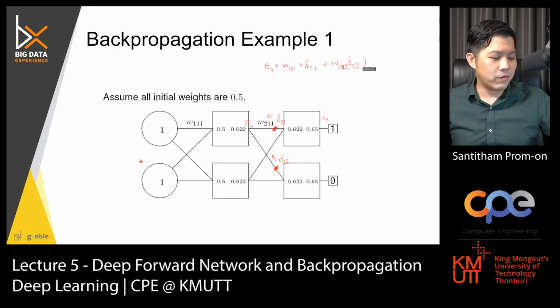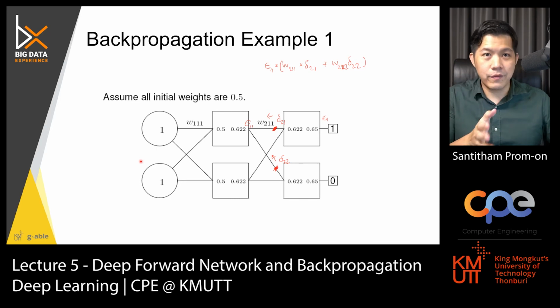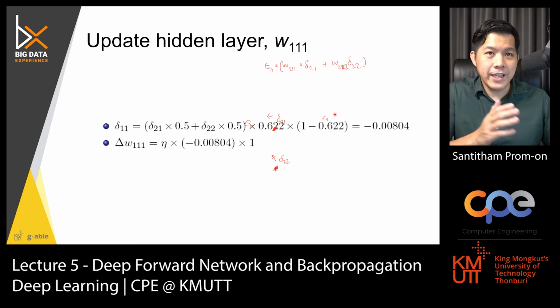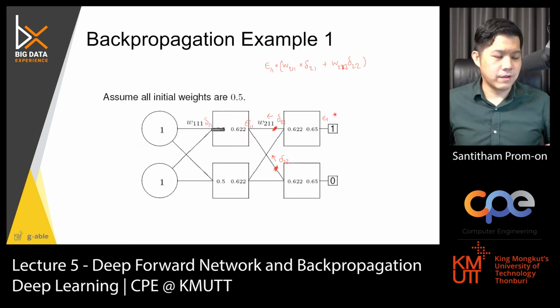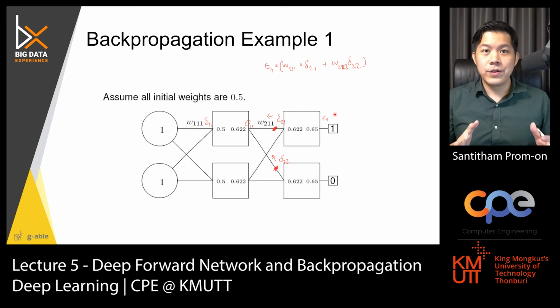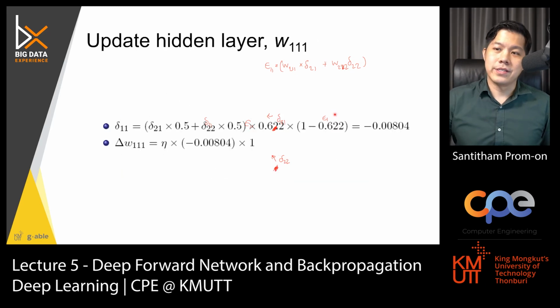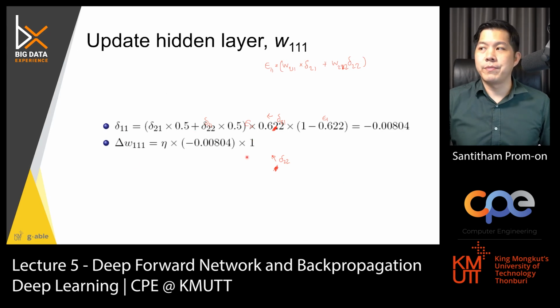It will look like this, and then we multiply with the derivative of the activation function to get the pre-activation error. That's delta 11 here. Then we can use delta 11 to update the weight W111 by multiplying delta 11 by the input side, which is 1 here, and you can use this to update the network.